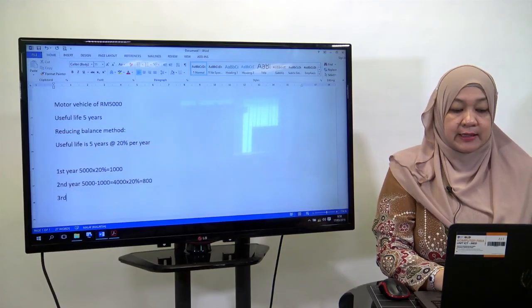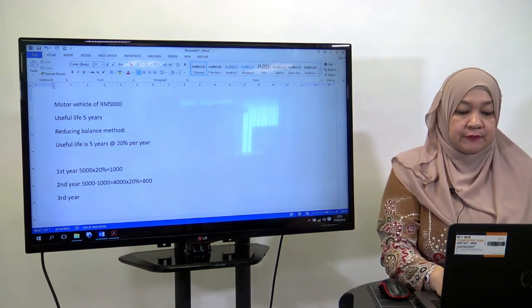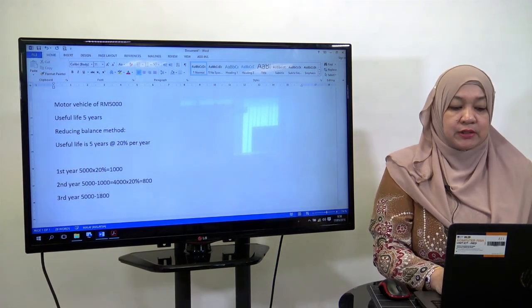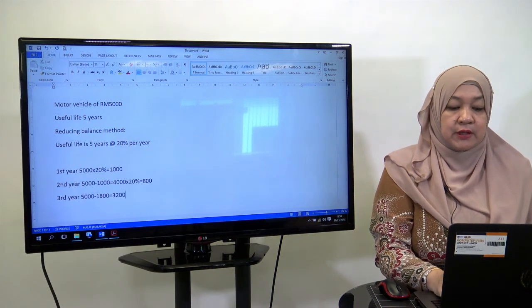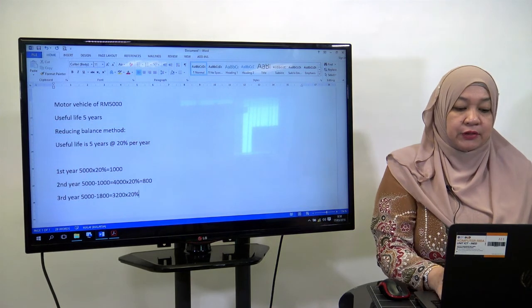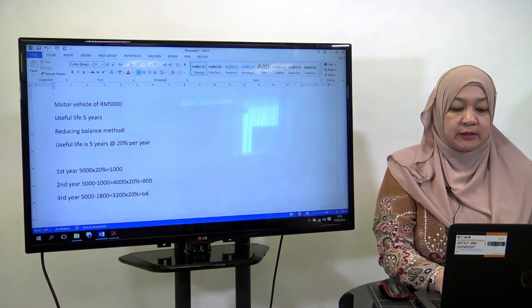Then to determine the depreciation for the third year, 5,000 minus the total depreciation that you have already charged, which is 1,800, gives a carrying value of 3,200. To determine the depreciation charge for that period, times 20%, so you have 640.